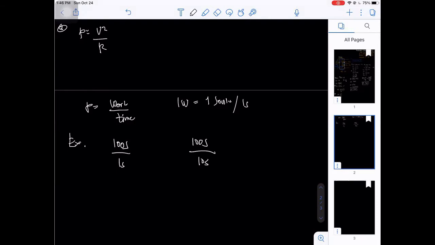The other system performs the same work, however in a slower time, which is 10 seconds.